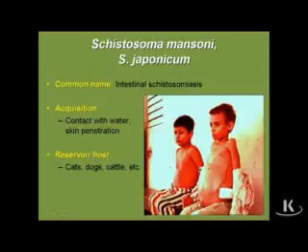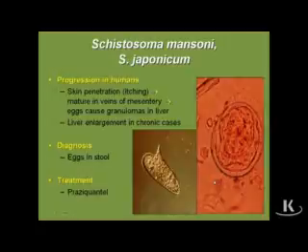This, as you can see in these kids, causes major hepatomegaly. What happens is the organisms penetrate intact skin, they mature in the mesentery, and they cause a granulomatous response in the liver, and you get the hepatomegaly in those chronic cases, like was in that image that we showed in the previous slide.